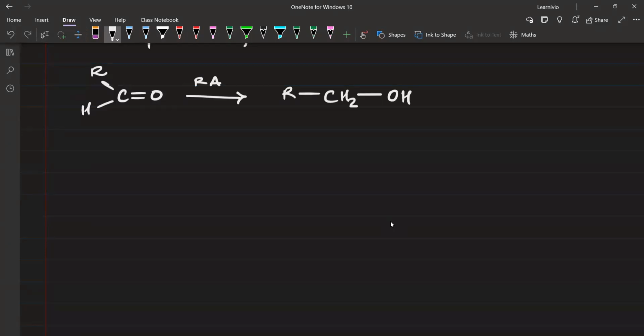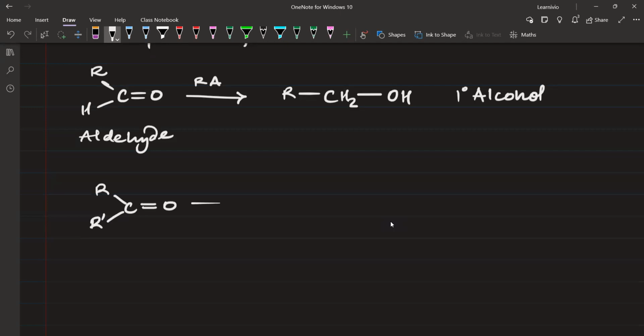Now, what is the type of alcohol we have got? We have got a primary alcohol, 1 degree alcohol. So aldehyde gives 1 degree alcohol. Okay, this is aldehyde. Now, if I try to make an alcohol from a ketone, it will be like this: R dash C double bond O, a reducing agent, in which you are going to have R. Now this carbon atom will get a hydrogen, so it will become CH.